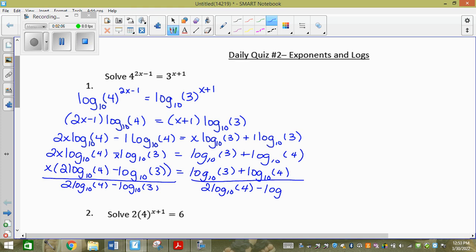And remember, we can just put this in our calculators as just the log. We don't have to put base 10, correct? And what do you get to 2 decimal places? X equals? 1.48.